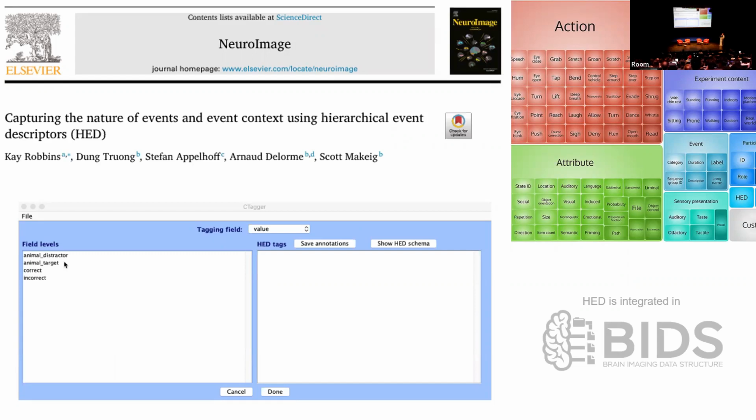So there have been developments using hierarchical event descriptors, HED tags, that have also been developed at the Swartz Center, and they're also included in BIDS, so you can use them in those files that you store with BIDS. It's basically a way to annotate your data or the events.